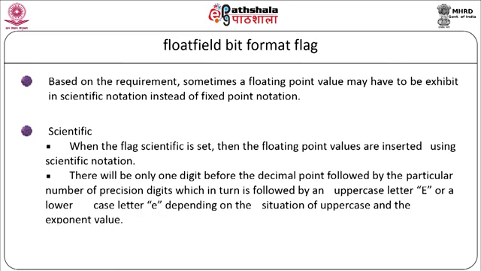There will be only 1 digit before the decimal point followed by the particular number of precision digits. It is then followed by the uppercase letter E or a lowercase letter e depending on the uppercase setting, and the exponent value. The syntax is cout.setf(ios::scientific, ios::floatfield).